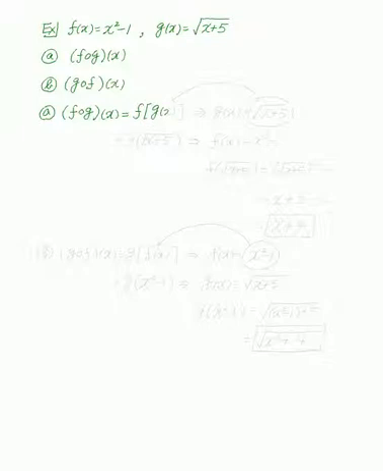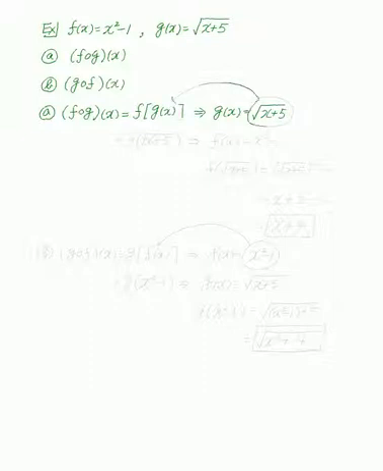So now, the output values of g are going to be the input values of f, if that makes any sense at all. So I'm going to have f of, recalling g of x is equal to the square root of x plus 5.